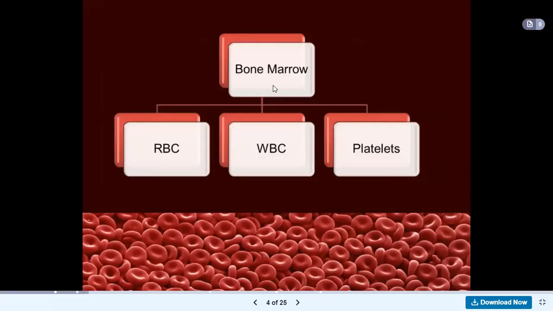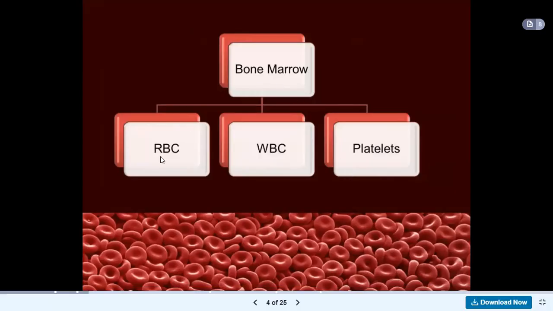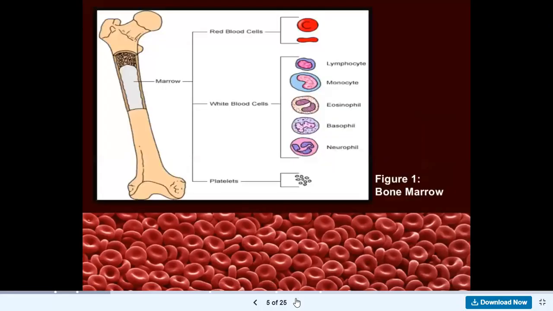From this slide, you can see that the bone marrow usually produces all blood cells: erythrocytes, leukocytes, and thrombocytes. But in aplastic anemia, the bone marrow is not able to produce enough red blood cells, white blood cells, and platelets.